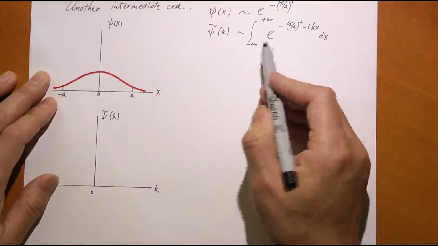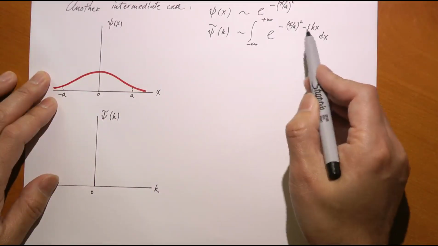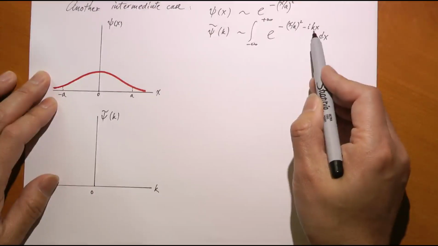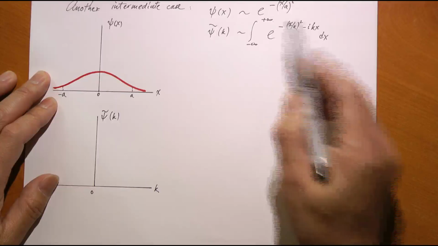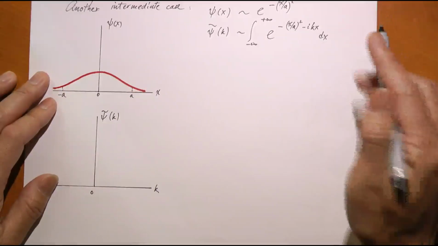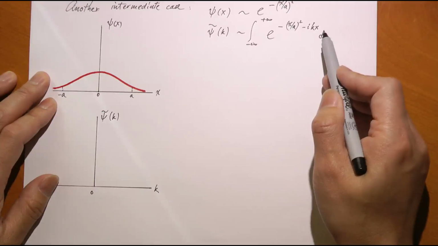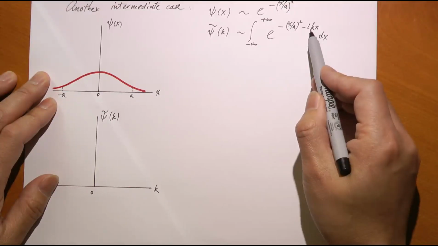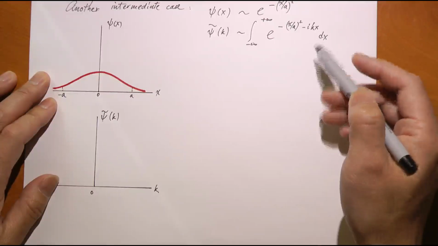Well, according to our formula, e to the negative (x over a) squared, that's the function itself, times e to the power negative i kx, then you integrate dx between positive and negative infinity. There is a little trick involved in solving this integral. You probably don't like this i here, so let's try to work it out together.